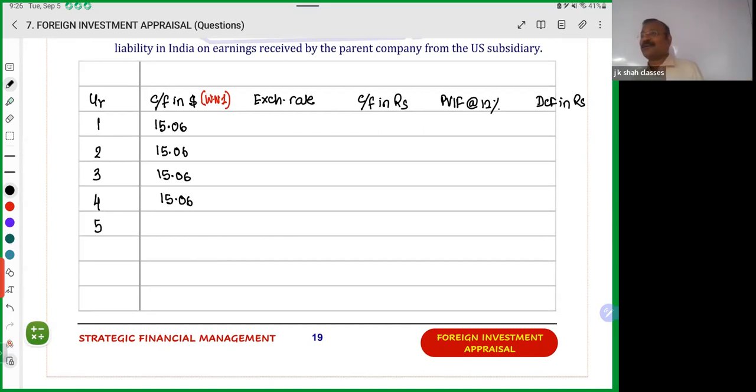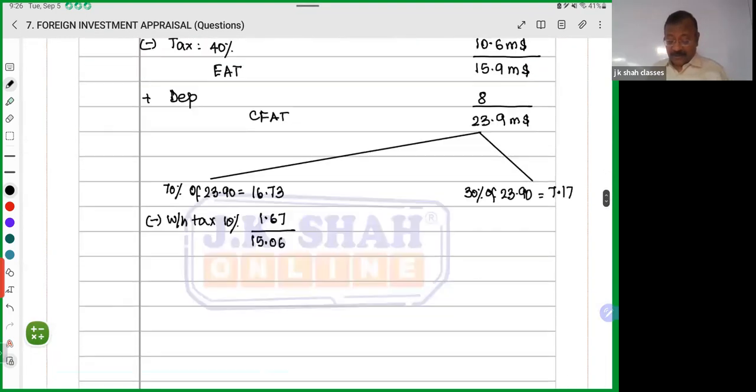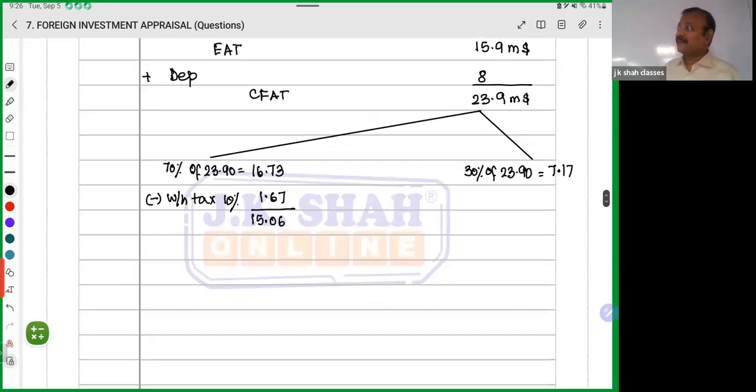Right? So far, so good. But now, fifth year, there will be some problem, because understand this 7.17 of every year which you retain there, it is going to be invested at 4%.